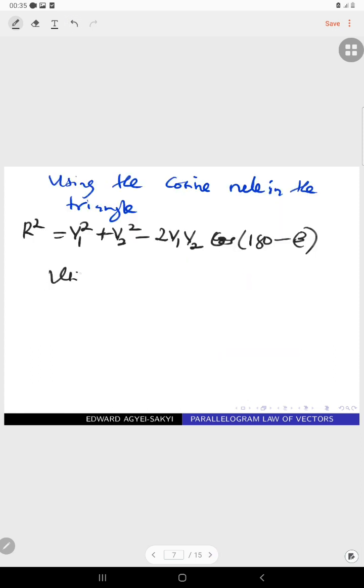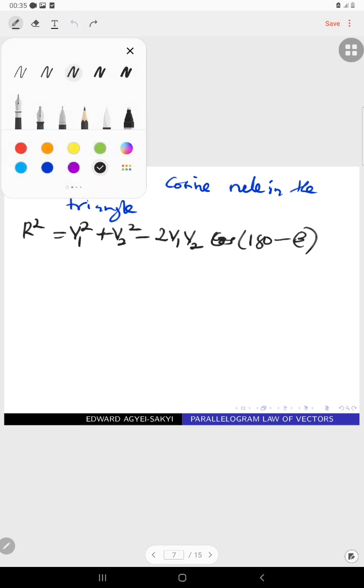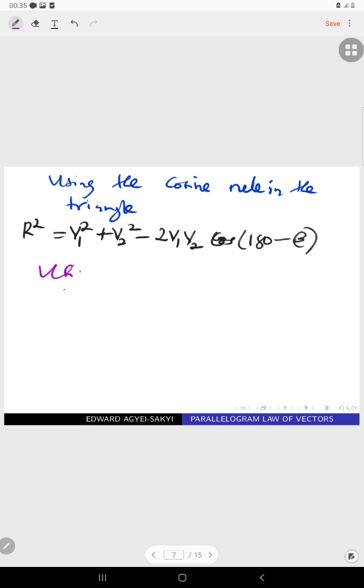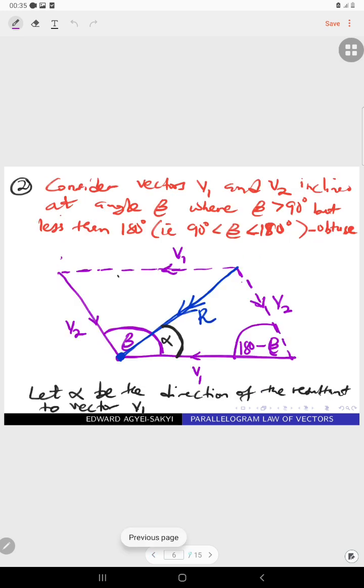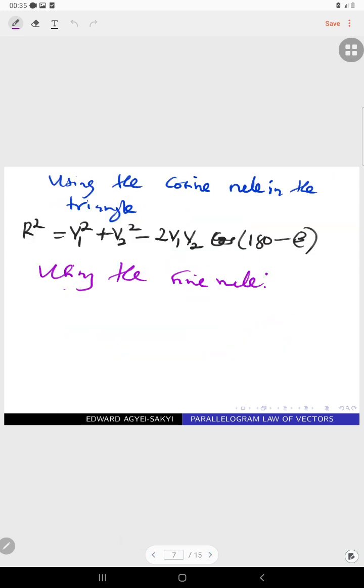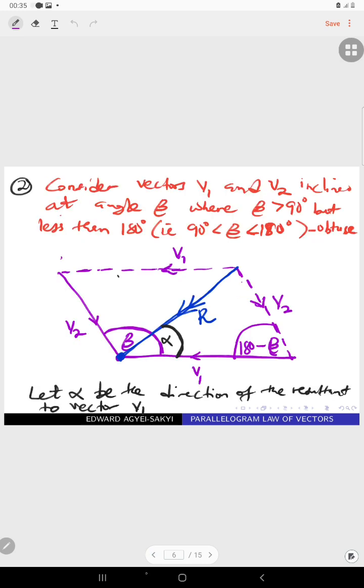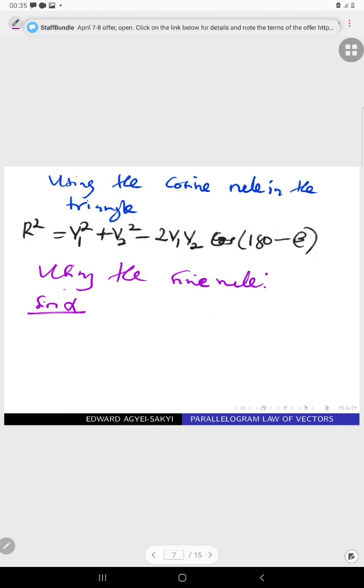Okay, so when you use the sine rule, using the sine rule, what do you get? You get sine alpha over V2 is equal to what?